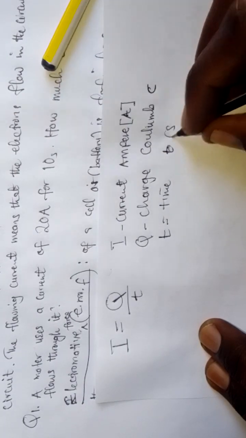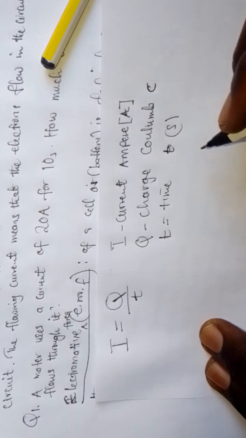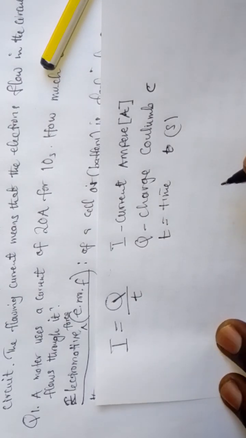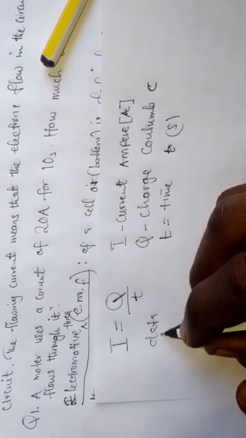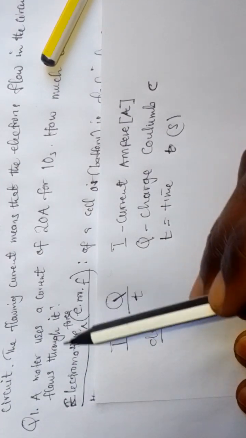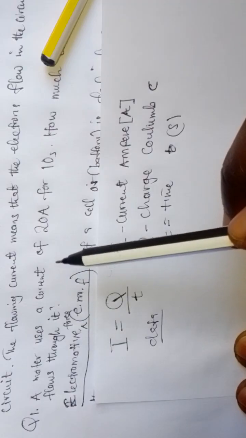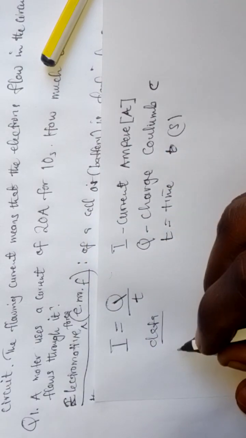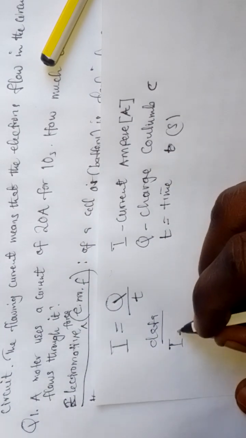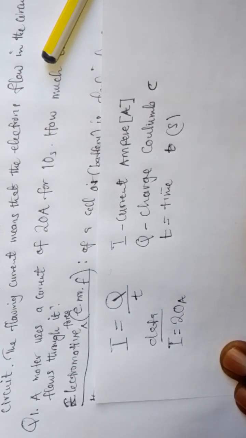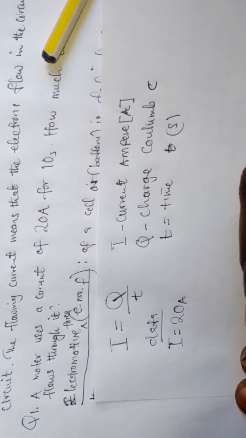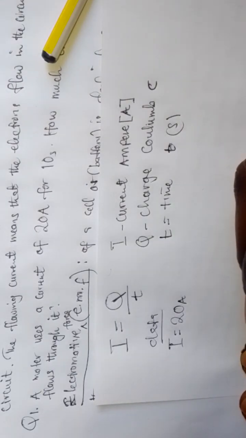So for the question, the first thing that we need to do is write down our data. When we read our question, a motor uses a current of 20 amps. So current is equal to 20 amps. What else? We also need the charge.